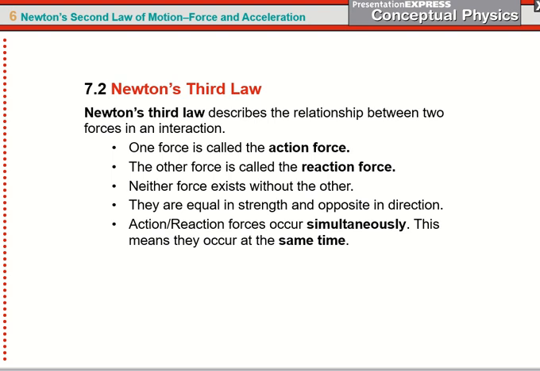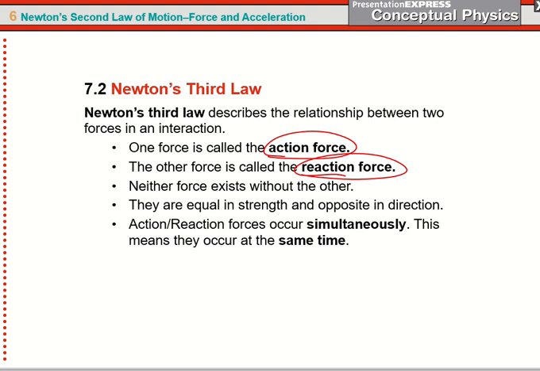All right, one force is called the action force, and the other force is called the reaction force. Neither of the forces can exist without the other. So in order for there to be an action, there has to be a reaction. In order for there to be a reaction, there has to be an action.